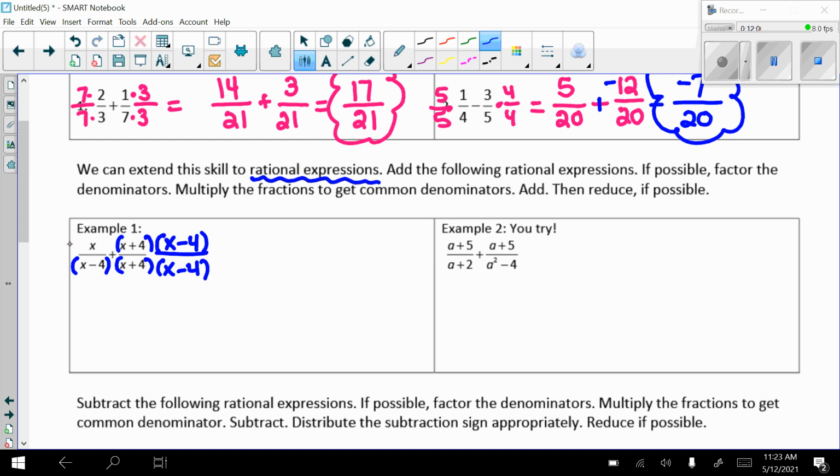That's going to make it so they have common denominators. So we will multiply the first fraction by x plus 4 over x plus 4. Here's what this gives us. The first fraction will have the denominator x minus 4 times x plus 4. The second denominator will also have that.